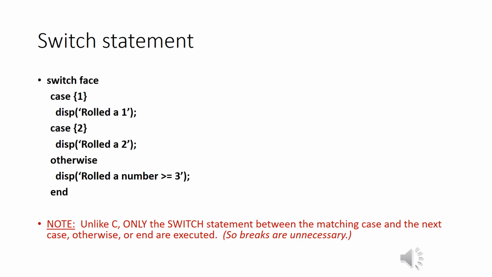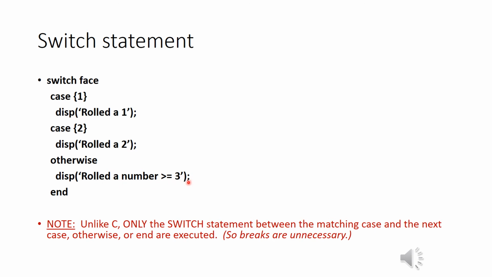Okay, we have switch statements, and the syntax is a little different from the C language. Switch is a keyword, and then case 1. We use curly brackets to define a case, and display rolled a 1. Case 2 displays rolled a 2, otherwise rolled a number greater than or equal to 3.